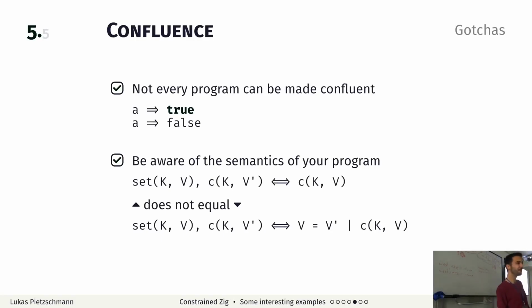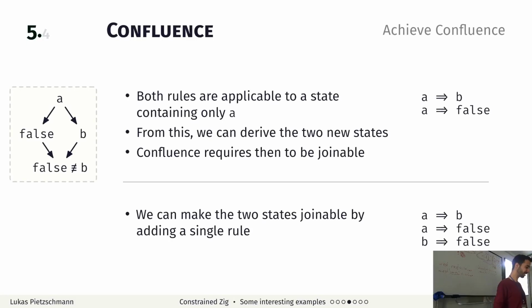But how we would do this, we could prove it like this. So we would determine a state or a set of constraints that would be needed to fire both rules, and then we check to what states we get from those set of constraints, and as I said, we would then check if those two states are again joinable.